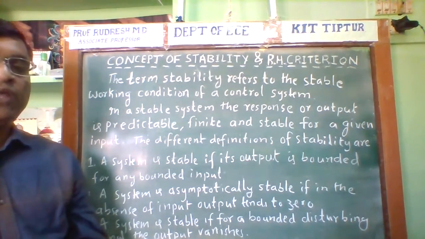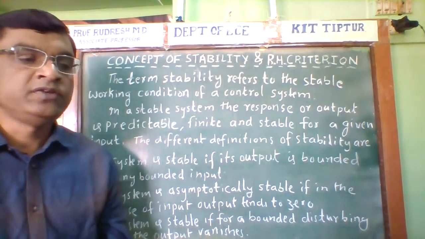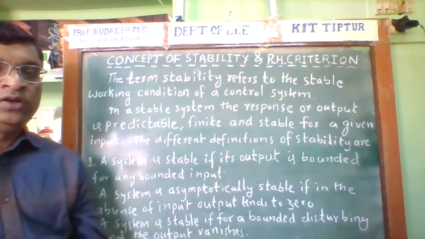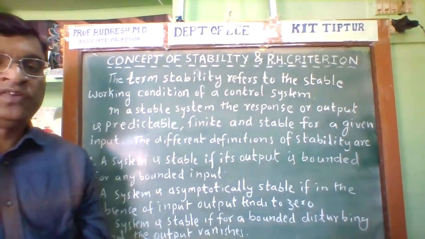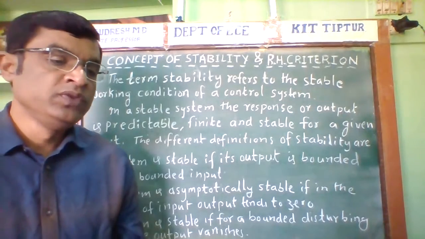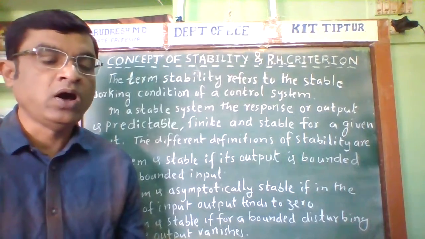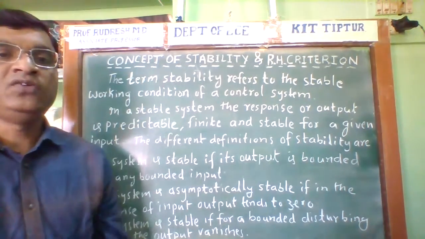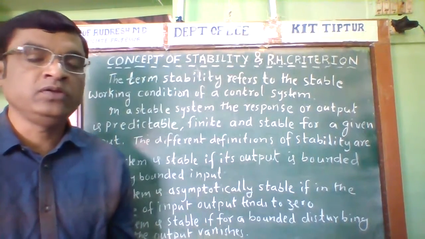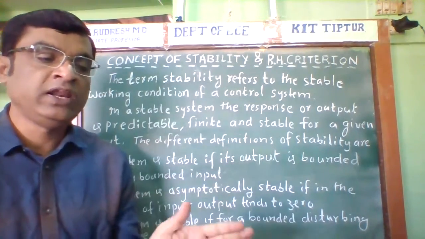Also, a system is stable if, for a bounded disturbing input signal, the output vanishes as time increases. Otherwise, if I give a bounded disturbing signal to the control system, the output of the system will be unbounded in amplitude or oscillatory in nature.